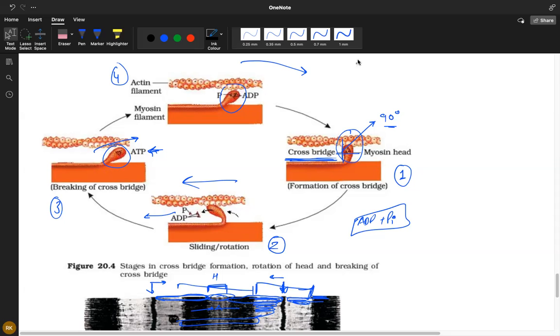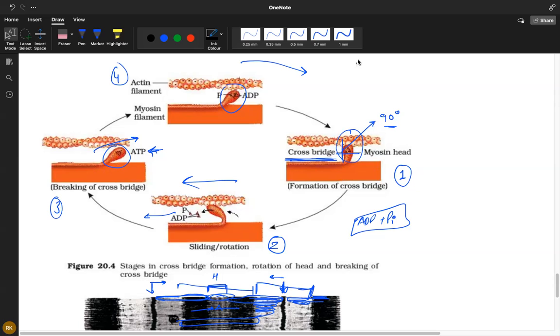So this can only happen till a point where calcium is coming inside the cell and binding to troponin, removing troponin from its site so that the myosin head can bind, right? If I want to stop all of this at will, I will stop signaling from neurons to muscles, which will stop calcium influx. So there will be no calcium inside.